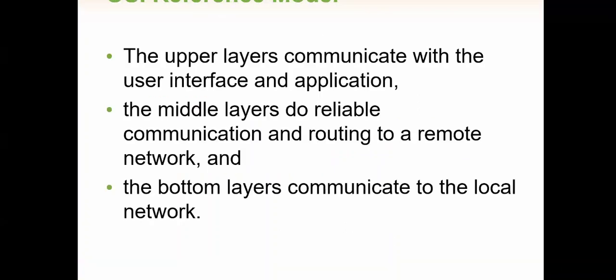So here it is. The upper layers of the OSI model, that is the red, communicate with the user interface and application. The middle layers do reliable communication and routing to a remote network.